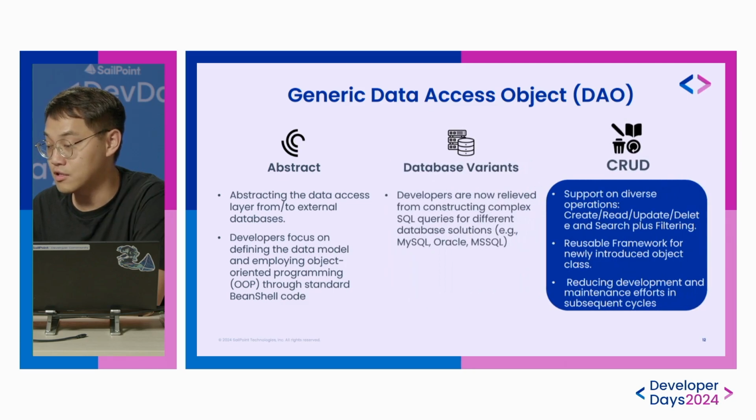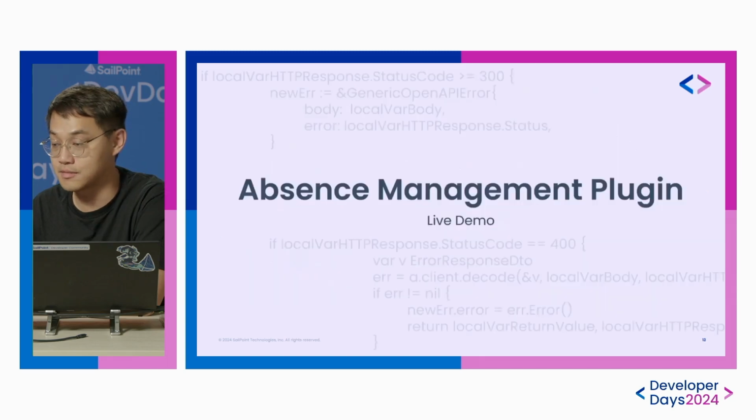It also provides various operations, including create, read, update, and delete, and also search plus filtering. We're trying to provide a reusable framework that can be reused for newly introduced object classes. Ideally, this should reduce the development and maintenance effort in subsequent cycles.